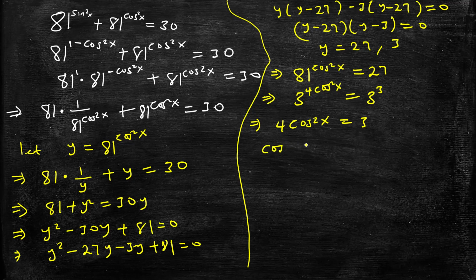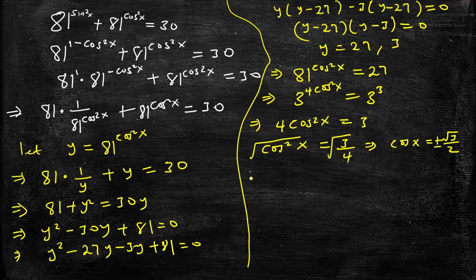So cos squared x equals 3 over 4. Therefore, taking square root on both sides, cos x equals root 3 on 2, because this is the same as square root of 3 on square root of 4. So don't forget your plus or minus.